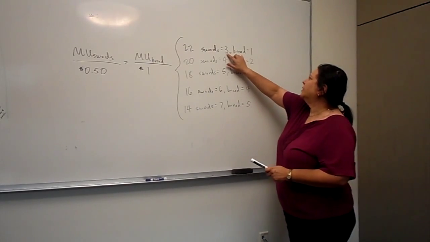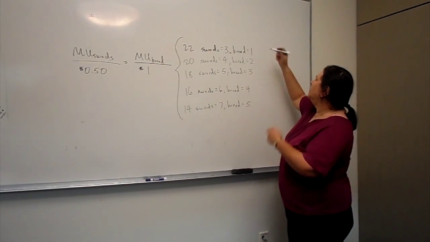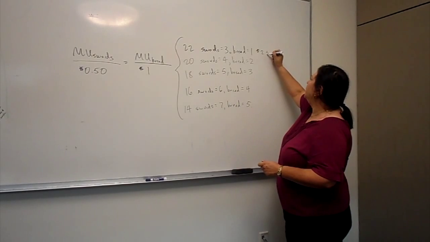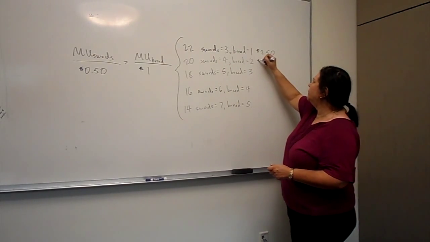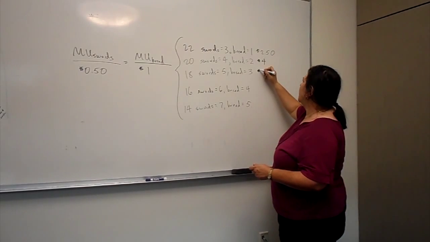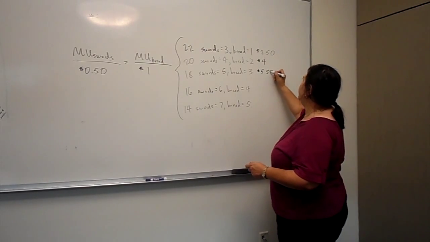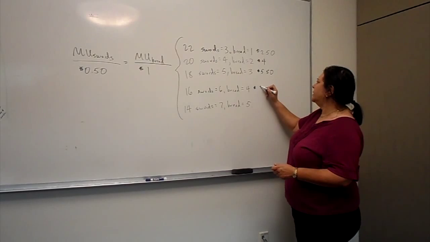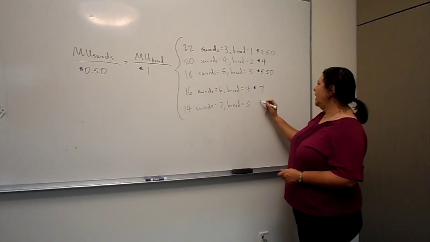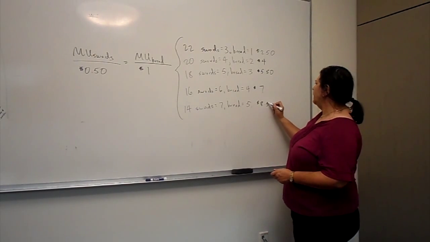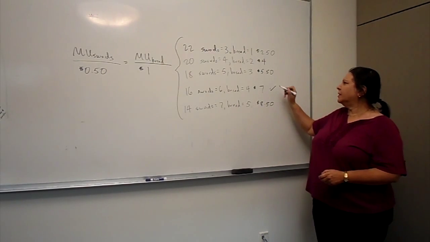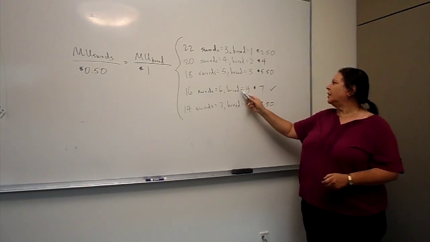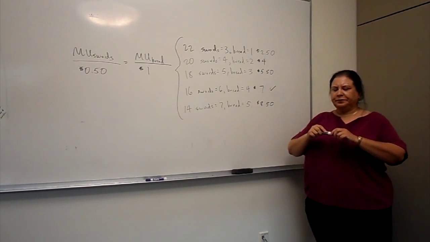So this costs $1.50 plus 1, so this costs $2.50, too little. This costs 2, this costs 2, that's $4. This costs $5.50. This costs $7, aha. And this costs $8.50. So the amount that we're going to buy here is going to be 6 swords and 4 loaves of bread.